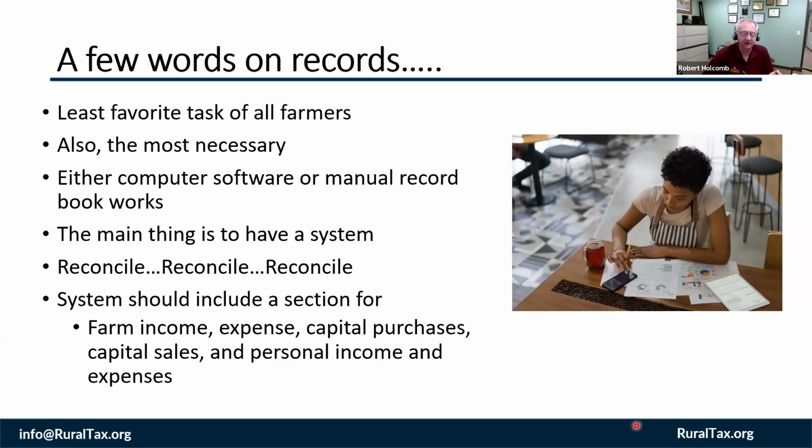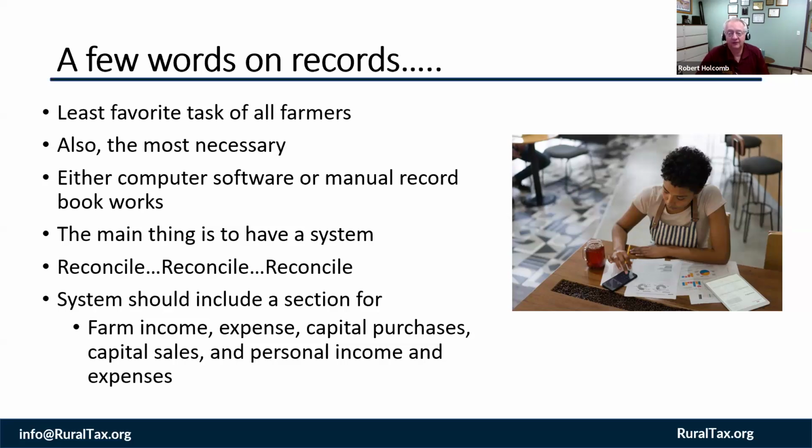Now, just a word on records here, and this is the only slide I have on this. Records are really critical, folks. When I first came to the University of Minnesota, I was a field staff person for one of the farm management associations.